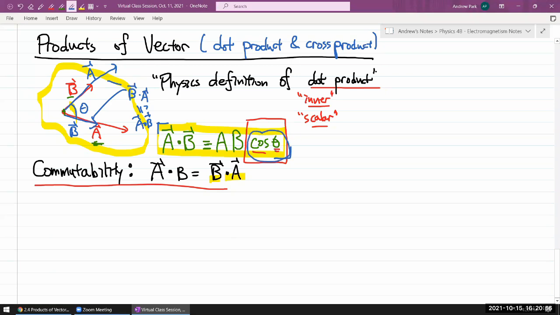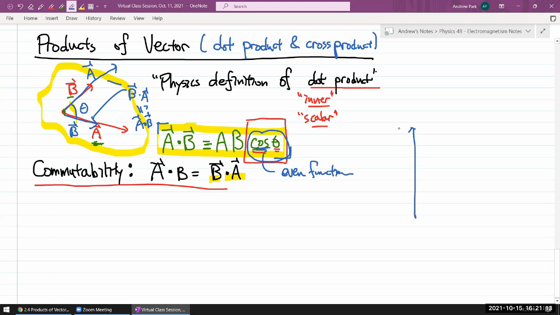So this theta could be positive, it could be going counterclockwise somehow, or it could be going clockwise. And if you remember some things about cosine, cosine is an even function. It's easiest to show on a graph.